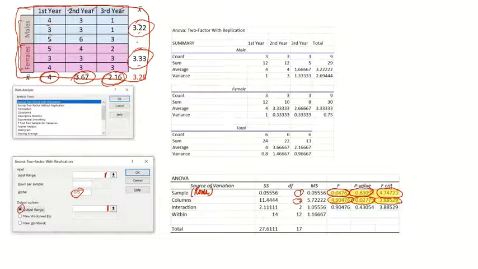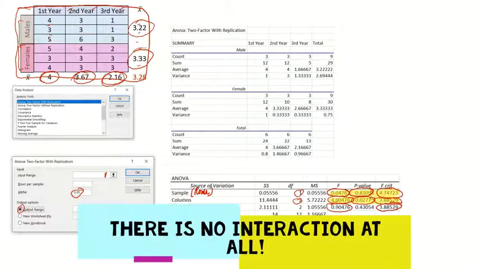And last but not the least, in ANOVA 2-factor with replication, there is an analysis of the interaction, which we did a while ago graphically. Now we see that the F critical for that is at 3.88 and the F value is 0.904, which means to say that there could be an interaction.